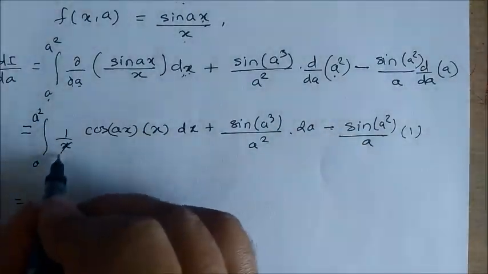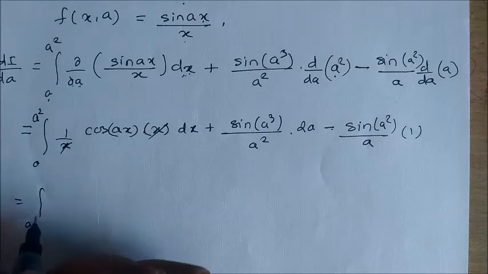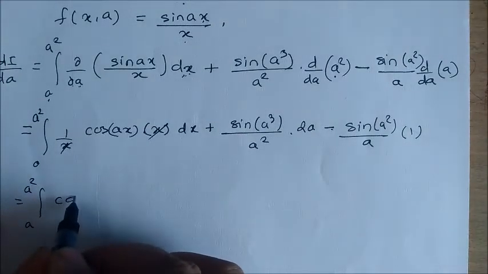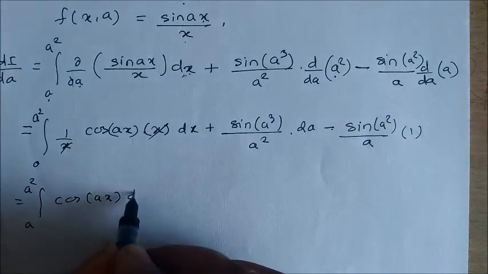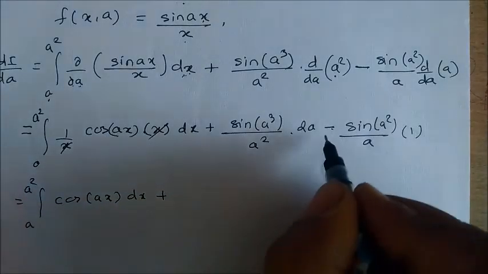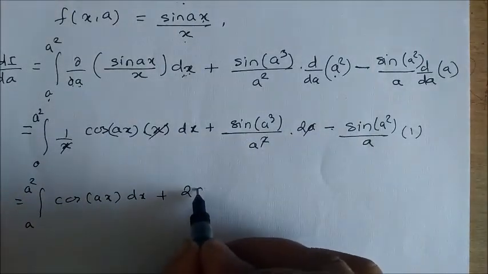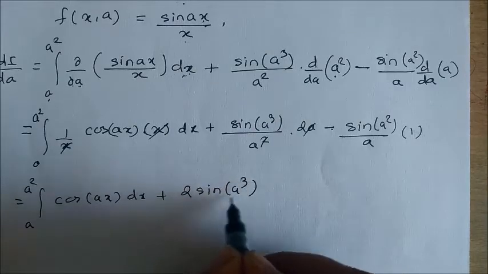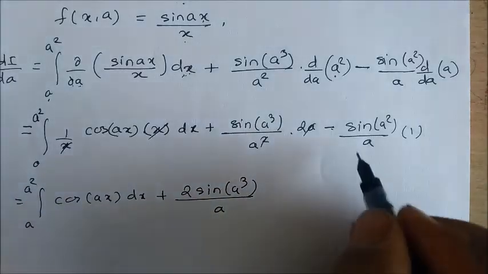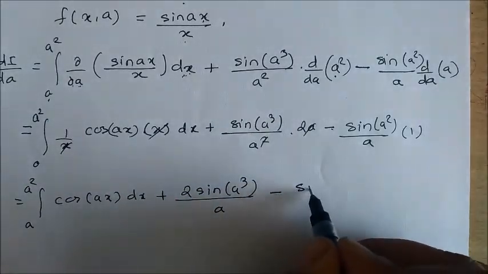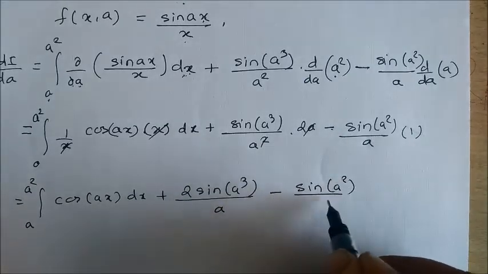Now this x gets cancelled and we have the integral from a to a² of cos(ax) dx, plus this a gets cancelled, 2 sin(a³)/a, and minus sin(a²)/a.